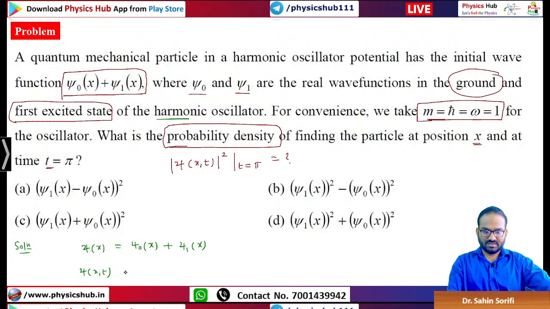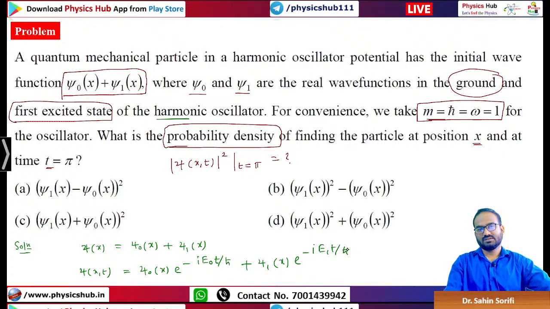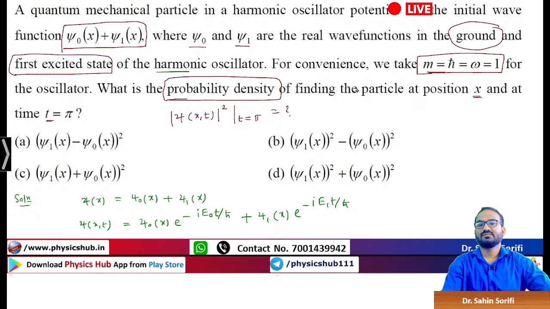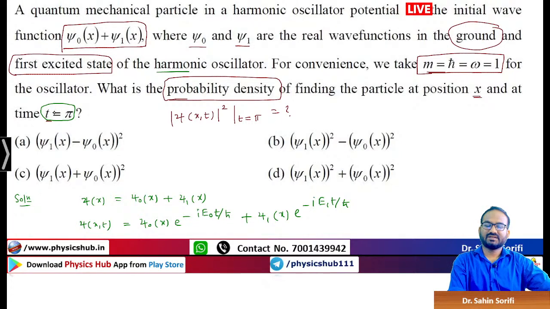Psi of x,t will be psi 0 of x times e to the power minus i E0 t by h cut, plus psi 1 of x e to the power minus i E1 t by h cut. So what is the probability density at time t equals pi? Let's calculate first the probability density at any arbitrary time t. You can take m, h cut, omega, all of them to be 1.